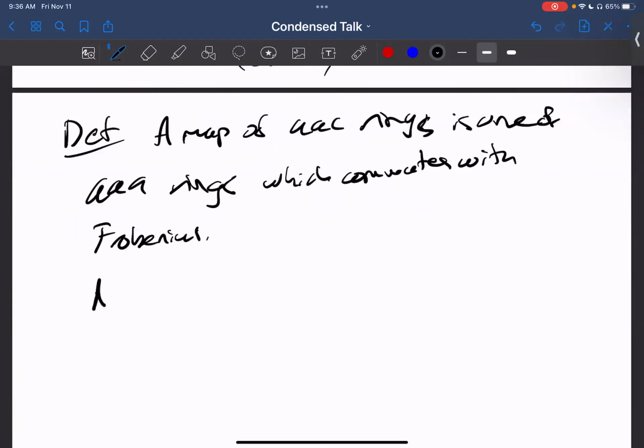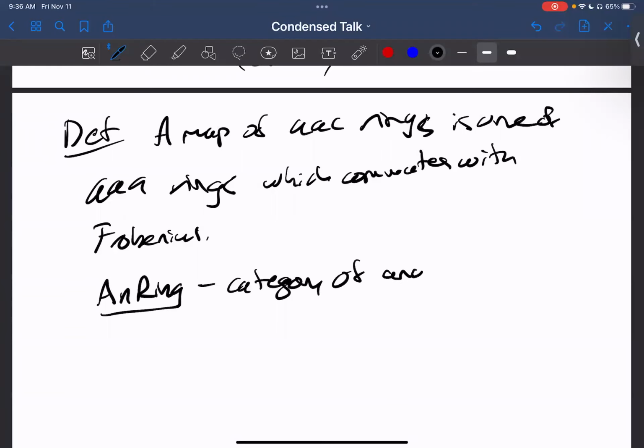So we will call the category, which I'm going to henceforth call analytic rings, because I don't want to talk about all the different adjectives, the category of normalized analytic animated commutative rings.